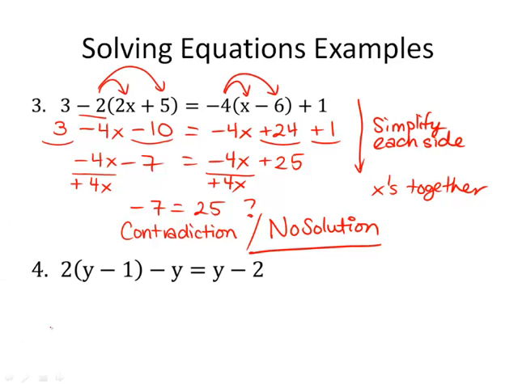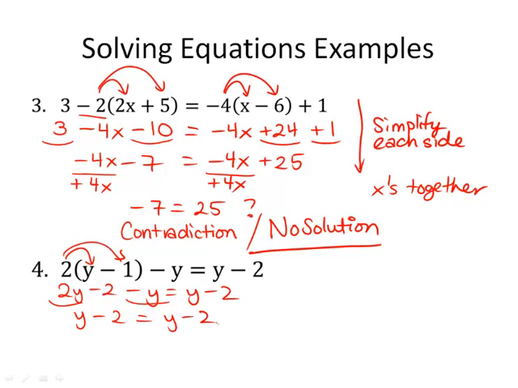Let's try the next one. Simplify each side, distribute first. You have 2y minus 2 minus y equals y minus 2. Collect like terms. 2y minus y is 1y minus 2 equals y minus 2. Get y's together. So you're going to subtract y, you're left with negative 2 equals negative 2.